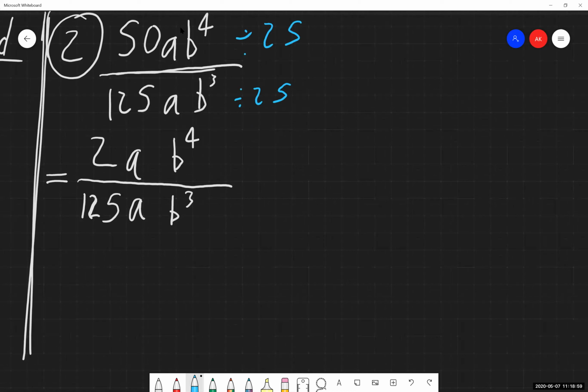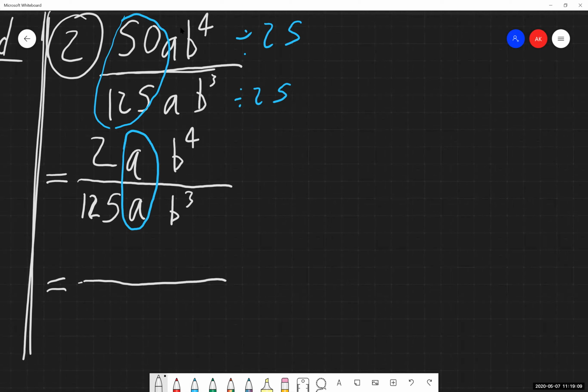So first we looked at our numbers. Now we're going to look at our A's, so our first variable. The numbers are done, so they're just going to come down exactly as they are. I have an A on top. I have an A down below. I just have one of each of them, so these things are going to cancel out, which is nice.